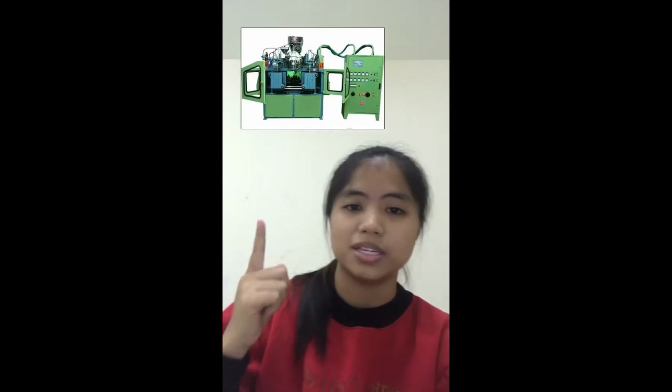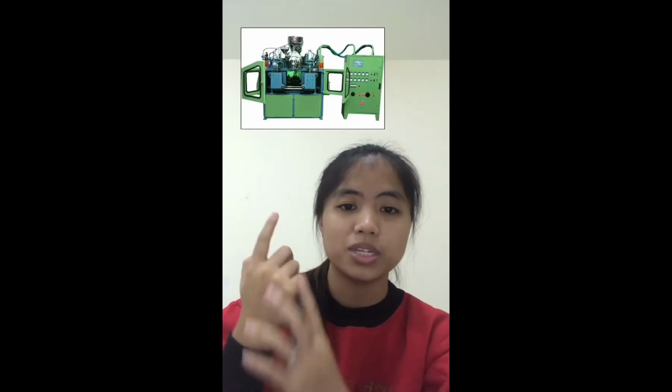Secondly, blow molding. Blow molding is a manufacturing process used to create hollow plastic parts by inflating a heated plastic tube until it fills a mold and forms the desired shape. See here, this is the machine that we use in blow molding. Other than that, compression molding is a forming process that heats and softens plastic materials in order to achieve a desired shape.